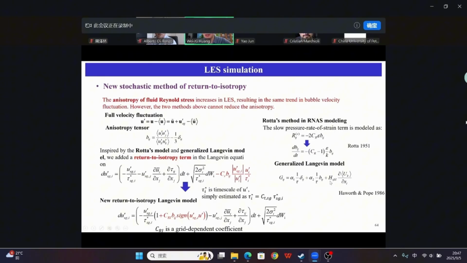And then Haworth and Pope proposed a Langevin model, and we could make some correction on the Langevin model by adding a correction term. This is based on the anisotropy tensor to include this model, and combined with this term, we have a correction.